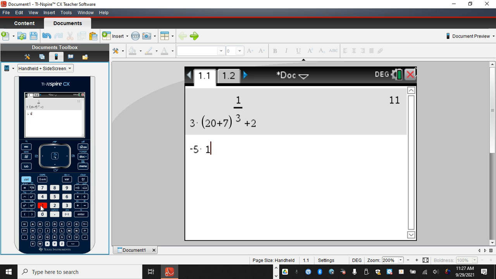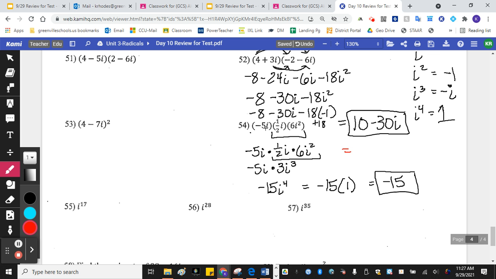So I could have gone straight to this, and some people do. Negative 5 times a half times 6 is negative 15. i times i squared is i to the 4th, and you have to know i to the 4th is 1. So your answer is just negative 15.